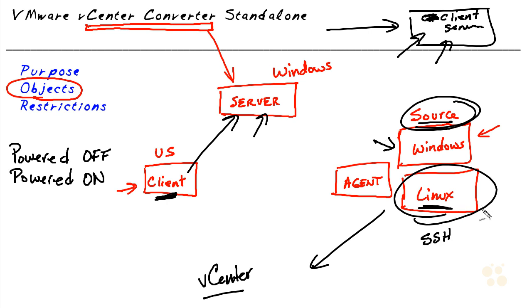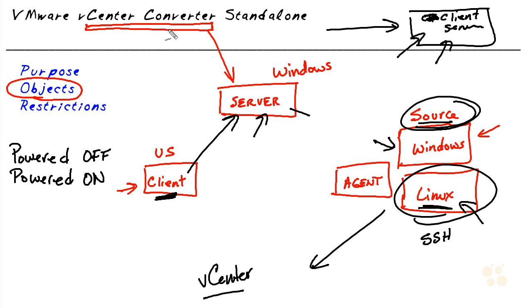So that would imply that this Linux physical machine is currently running, and the SSH daemon, the SSH service, is currently running and willing to accept connections. Then as part of the setup for that conversion, we would identify what the username is, what the IP address is of this host so we can reach it. And that would be the source. We'd also specify the destination for the resulting virtual machine, and then let the server chew on that for as long as it took to do that conversion.